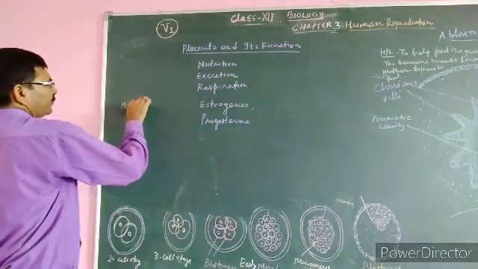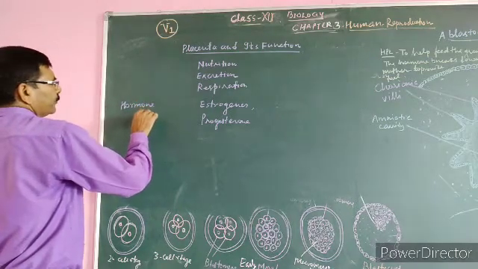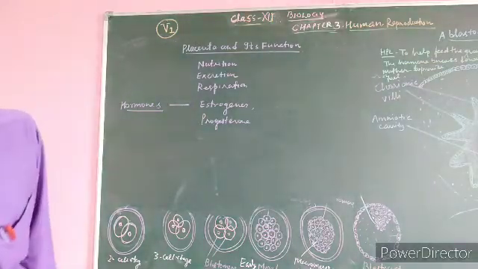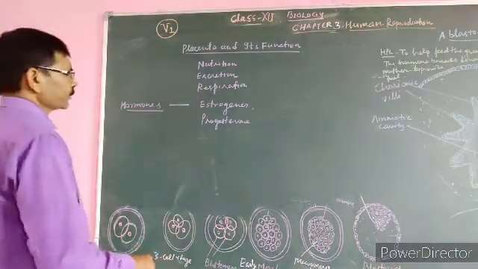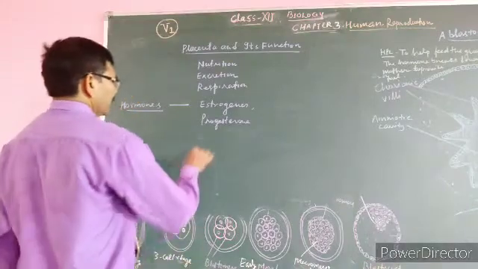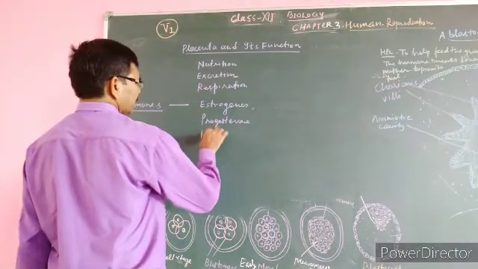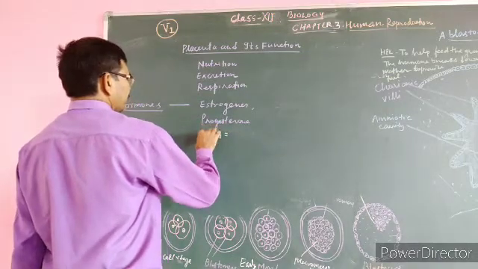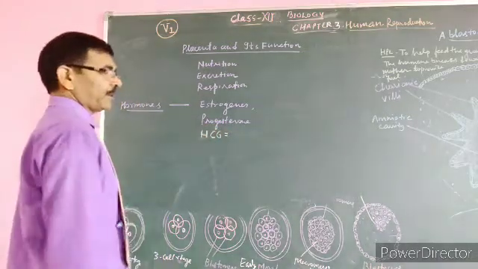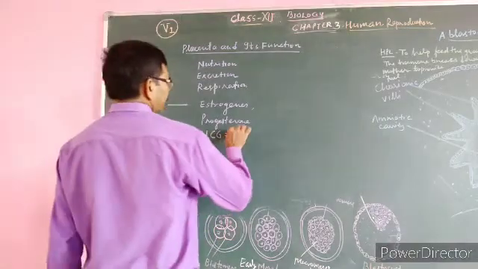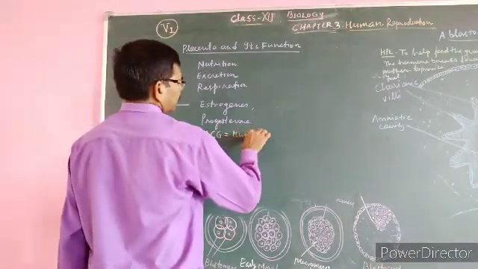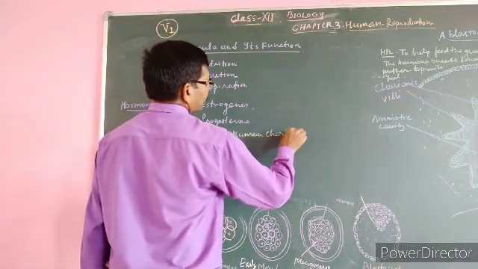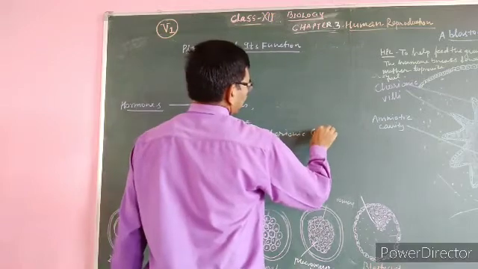These are the hormones secreted by placenta: estrogen, progesterone, HCG. It is the abbreviation of human chorionic gonadotropin.